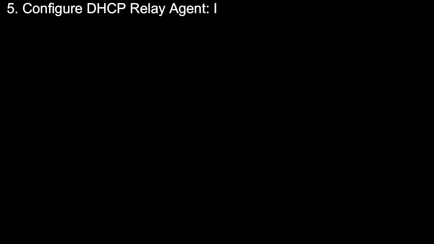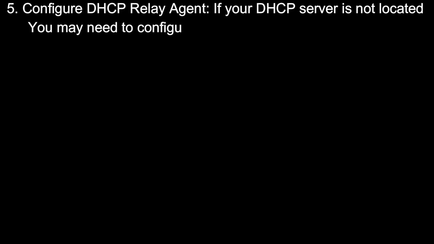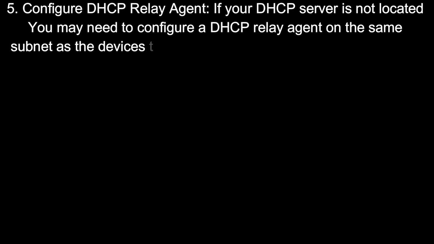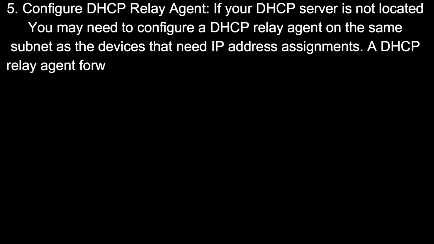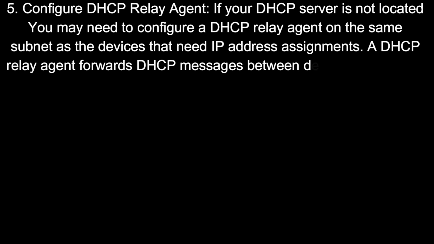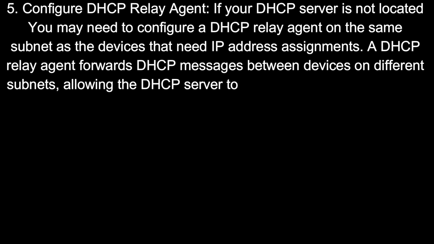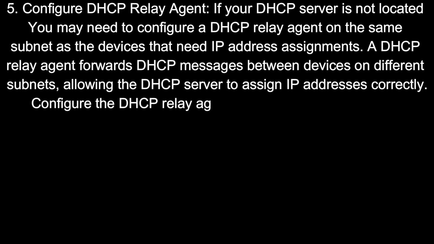5. Configure DHCP Relay Agent. If your DHCP server is not located on the same subnet as the devices that need IP address assignments, you may need to configure a DHCP Relay Agent. A DHCP relay agent forwards DHCP messages between devices on different subnets, allowing the DHCP server to assign IP addresses correctly.